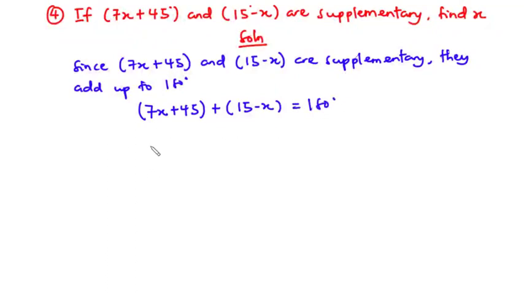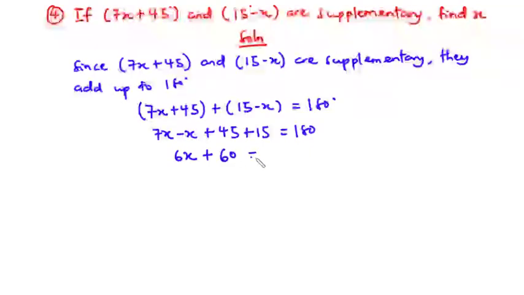Now let's simplify. So we have 7x minus x plus 45 plus 15 equals 180. 7x minus x is 6x. 45 plus 15 is 60. So we transpose 60 to the right hand side.